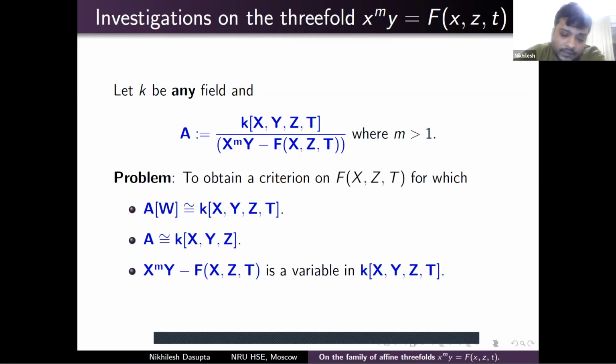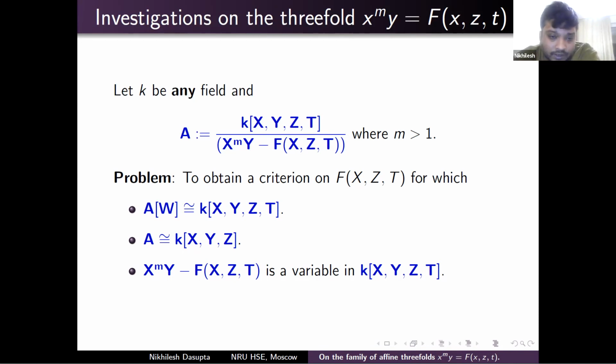Suppose you have that A is isomorphic to k[x, y, z], but x^m y - f(x, z, t) is a variable, or it is not a variable. If it is not a variable, then you again get a counterexample to Abhyankar's Sathe conjecture. I will state those conjectures and open problems. So these conditions are very interesting to investigate.